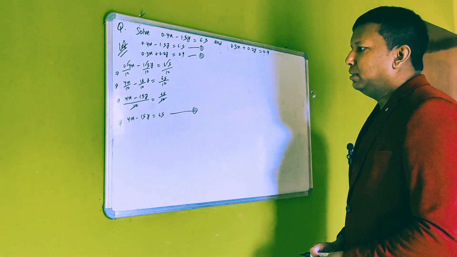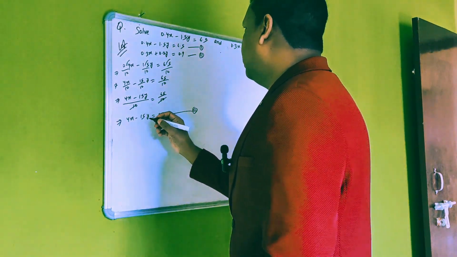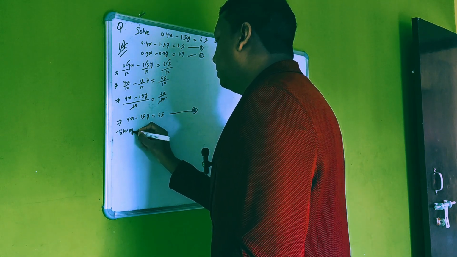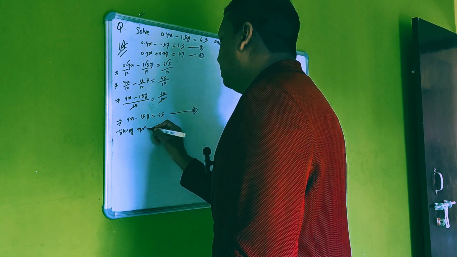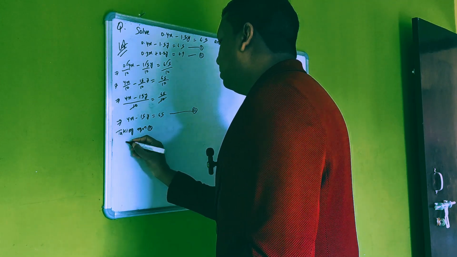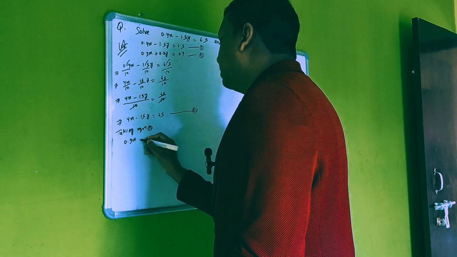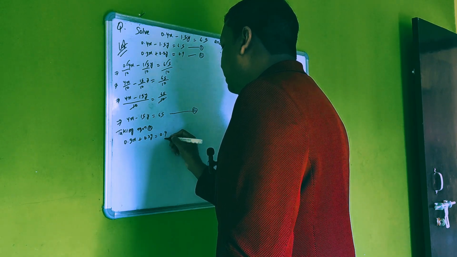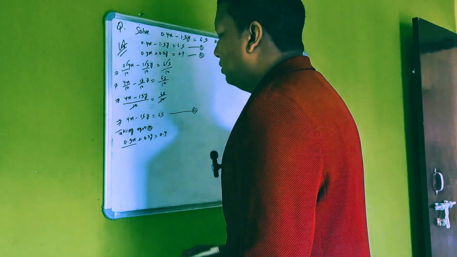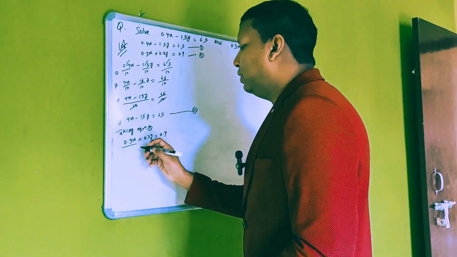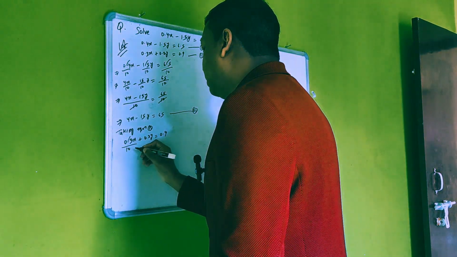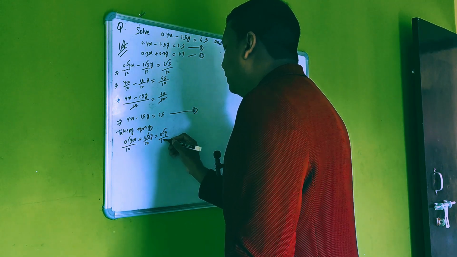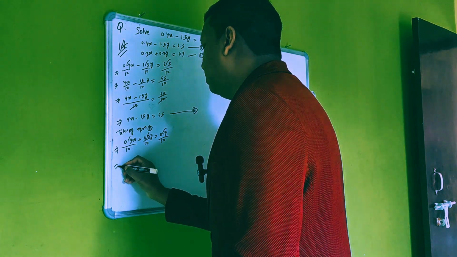Thereafter, let's take the second equation: 0.3x plus 0.2y equals 0.9. Before the point there is one digit, so we write 10 for each.